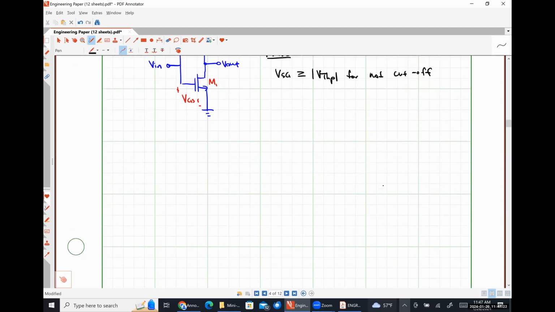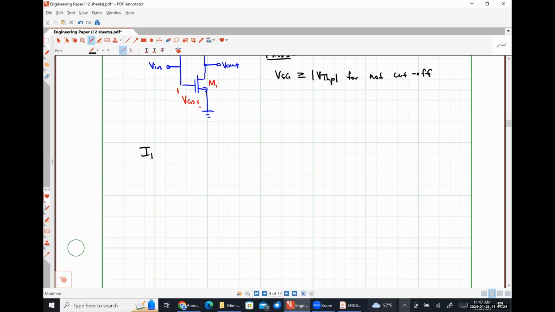So looking at an NMOS, we know that our drain current ID in saturation is 1/2 Kn times (VGS minus VTHN) squared. This Kn term is mu n C ox W over L. So if L gets smaller, Kn gets larger, our drain current gets larger. That's literally it.